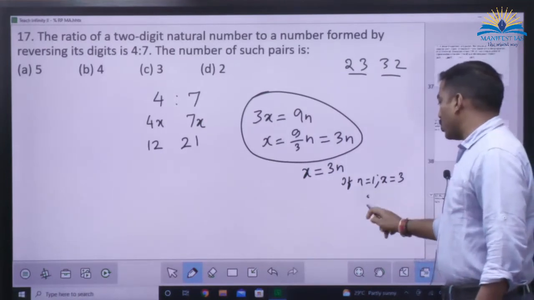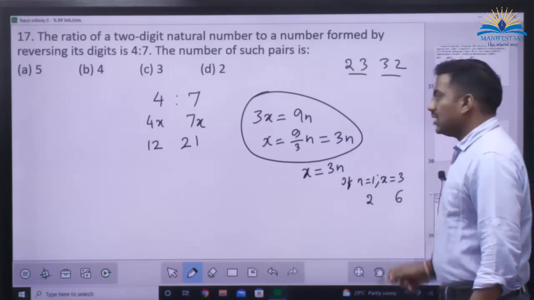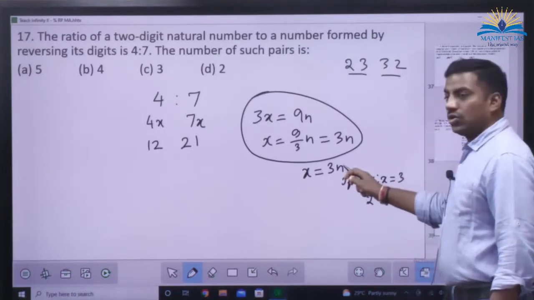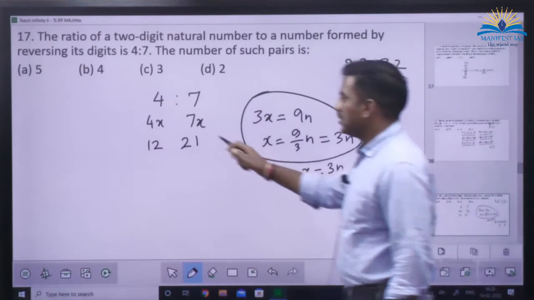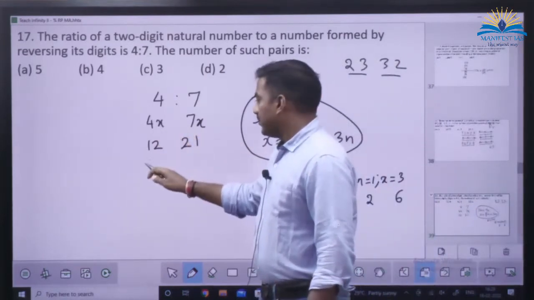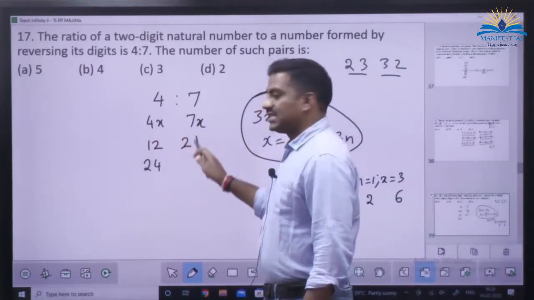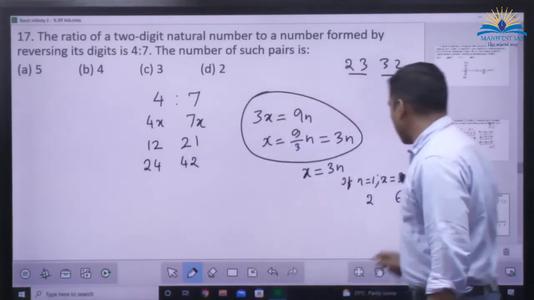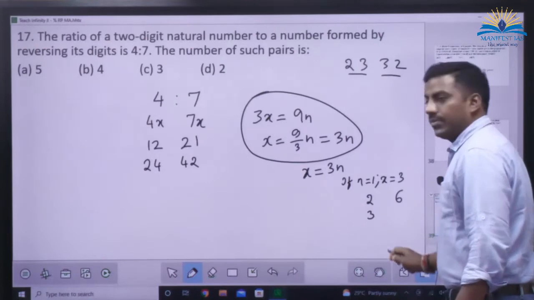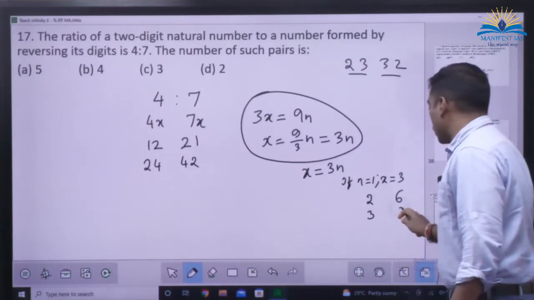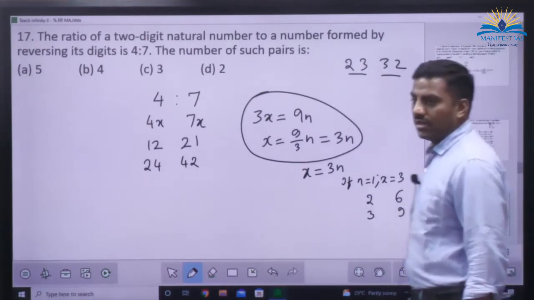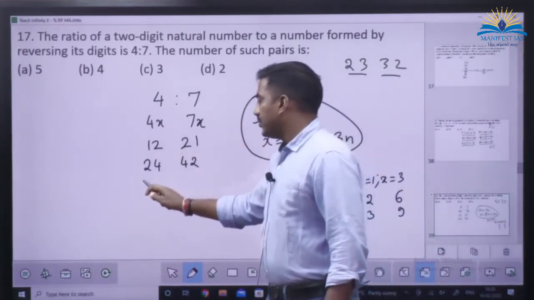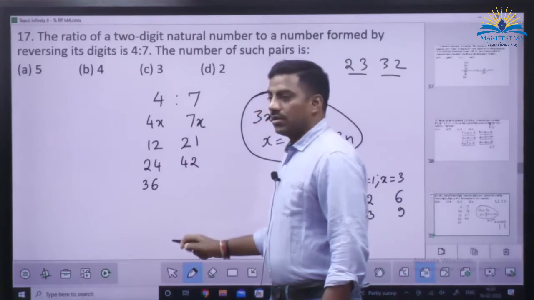Then if n is equal to 2, x will be equal to 6. 4 6s are 24, 7 6s are 42. Similarly, when n is equal to 3, x is equal to 9. 9 4s are 36, 9 7s are 63.